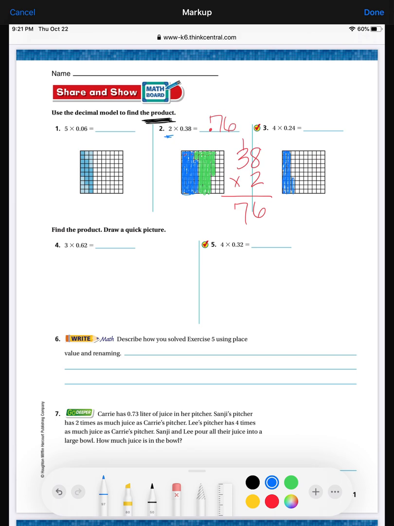24 would look something like that, right? And I'm going to do that 4 times because of that 4. Okay, I'm going to use alternating colors so I can see better. That's 6. Sorry. That's 16. So I need 8 more here. Too much. Hold on.